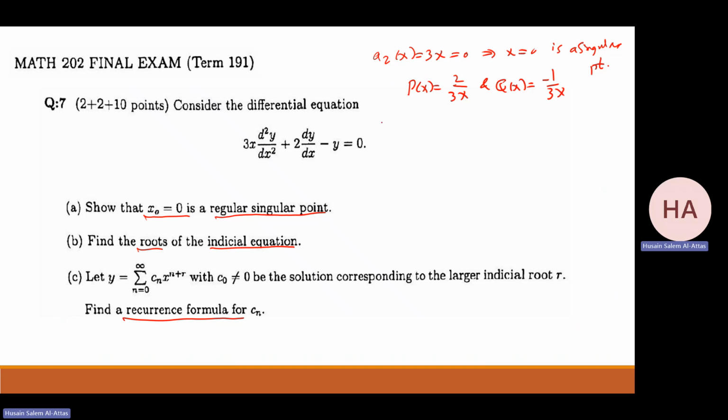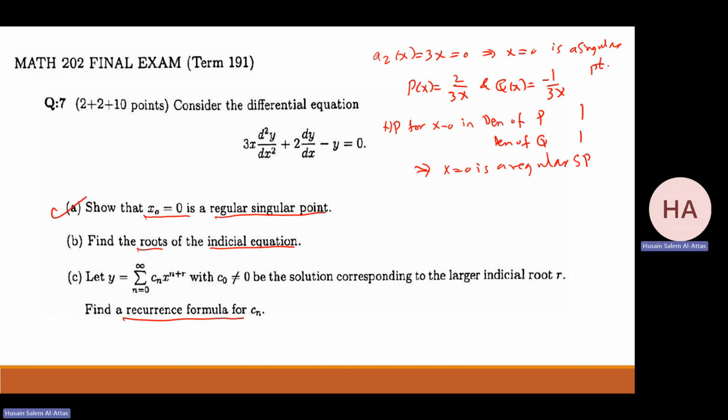So the highest power of x minus 0 in the denominator of P is 1 and the denominator of Q is 1 also. So for sure, x equals 0 is a regular singular point.